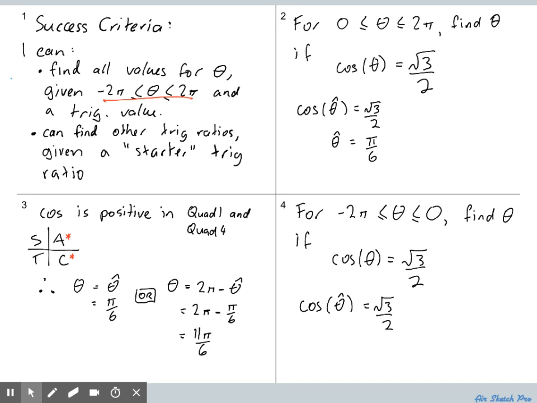So we ignore the fact that the angle eventually has to be between negative 2 pi and 0. Theta hat is always just that acute first quadrant angle. So theta hat is equal to pi on 6. I'll redraw that one. So theta hat, just like in the other problem, is just pi on 6. Okay so far? All right. Just tell me if I'm going way too slowly.